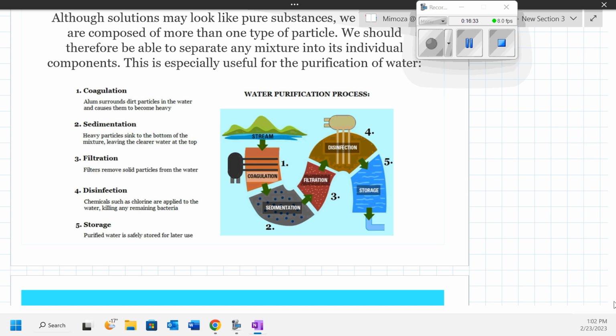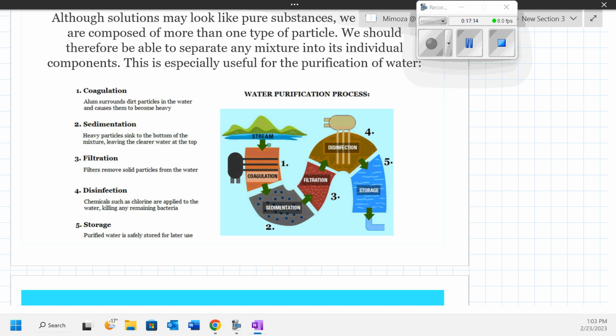The water that is coming from the stream, be it a lake or a river, is coagulated, meaning that it allows the big, heavy particles to settle down. Then it is sedimented, which is the second process, making those heavy particles sink to the bottom of the mixture.